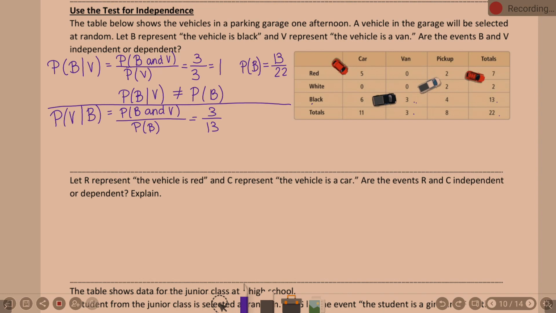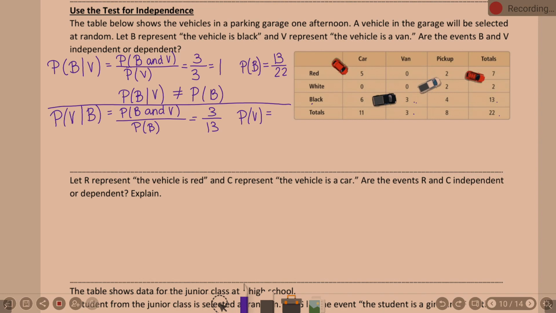Now, to test for independence. What are we testing to see if this is equal to? We're testing your initial part, not the condition. So probability that the vehicle is a van.